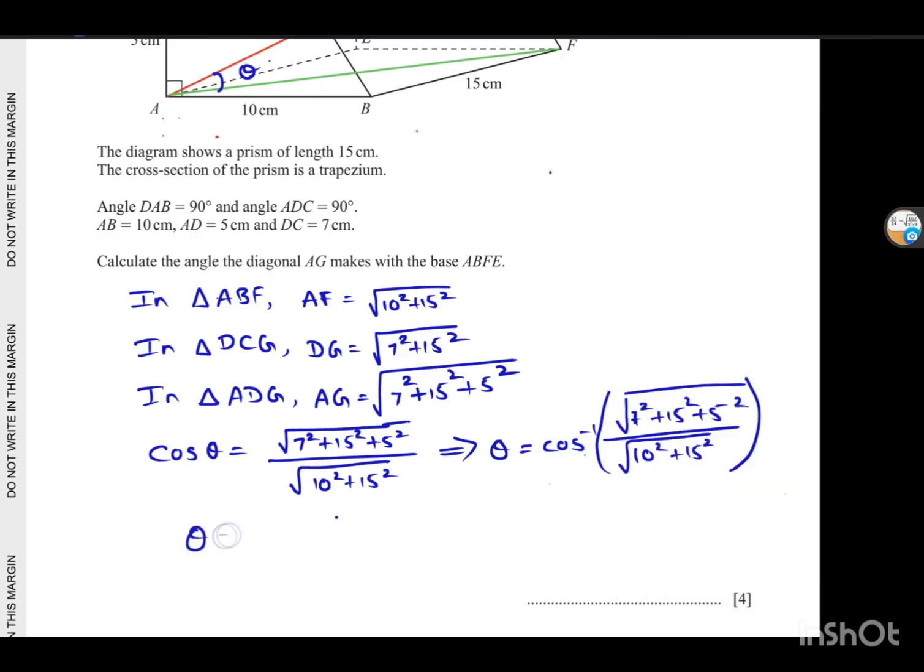So theta is equal to 16.429 degrees. So let us round it to one decimal place only. Okay, 16.4 will be the answer.